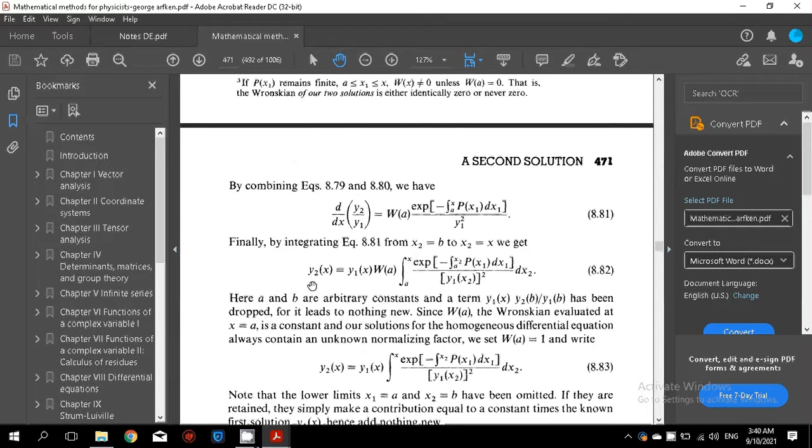this expression: y2(x) is equal to y1(x) into W(a), which is the Wronskian at x equal to a, times the integral from a to x of the exponential of minus the integral of p(x1) dx1, divided by y1(x2) whole square.